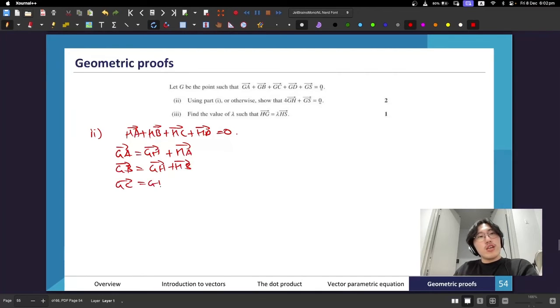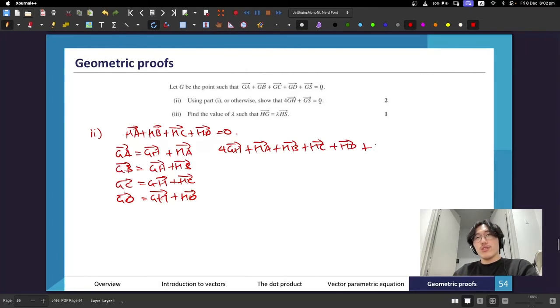GC could become GH plus HC, and GD can become GH plus HD. Okay, so adding all that together, that's going to become 4GH plus HA plus HB plus HC plus HD plus GS equals 0. This obviously equals 0 from our previous question. So 4GH plus GS equals 0.